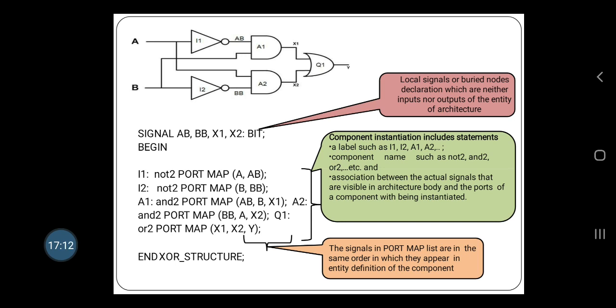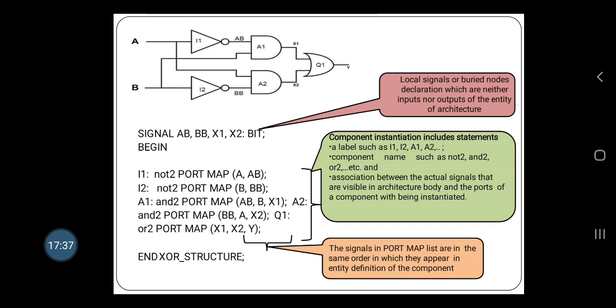So here I1, colon NOT2 port map A, comma AB. Component instantiation includes statements with a label such as I1, I2, A1, A2, and component names such as NOT2, AND2 and OR2, etc.